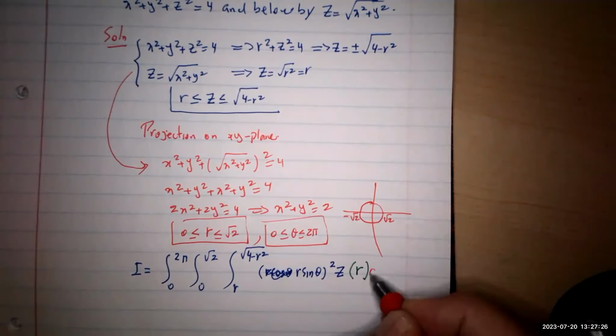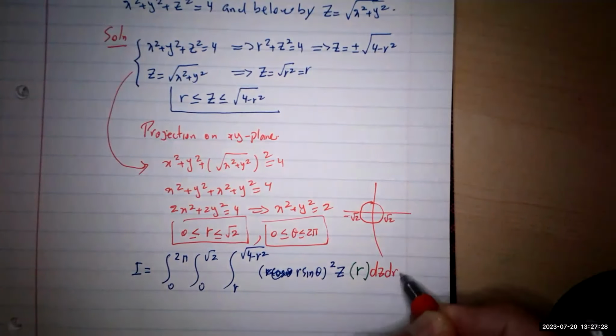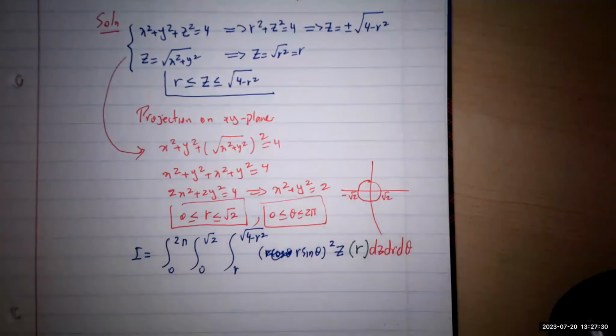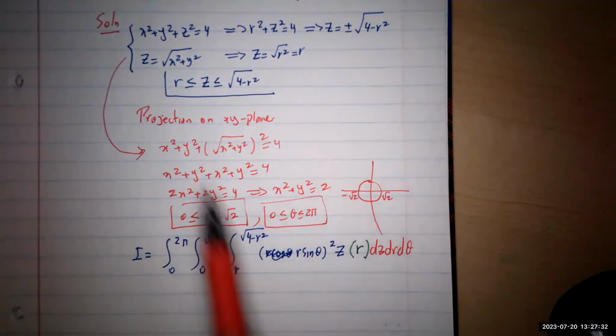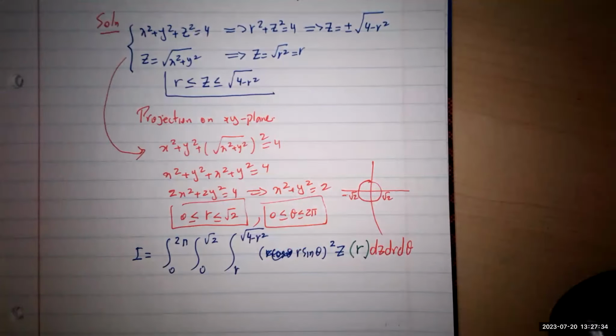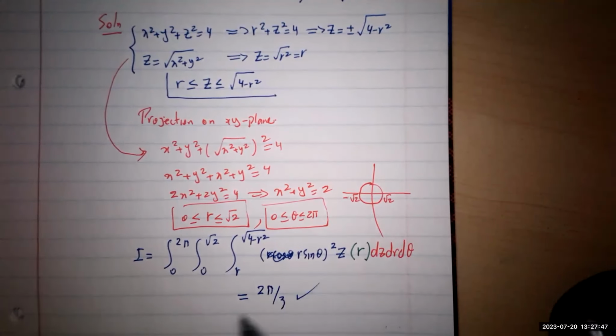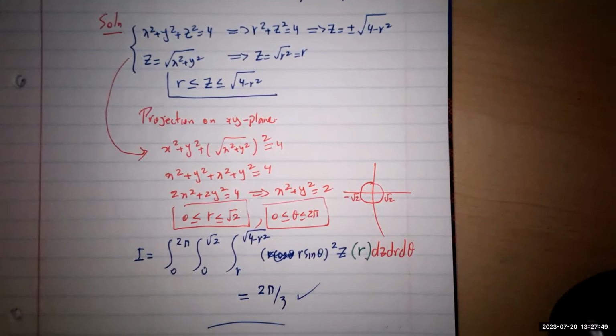Then it's dz dr d theta. So be careful. The one that we did, maybe the function was different, but the rest are going to be nicely done. I'll post the rest of the solution for you. But if you do it, you get 2 pi over 3 as the final answer.